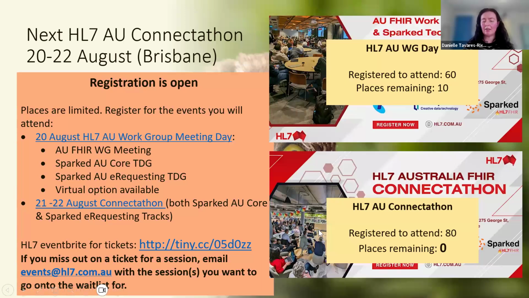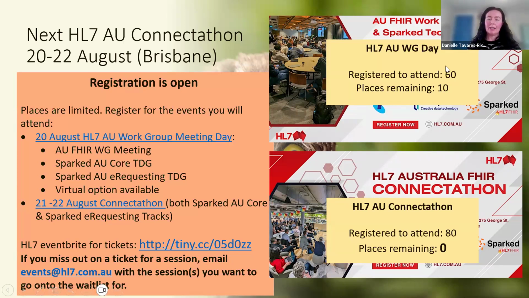If you want to attend, then email events@hl7.com.au and let them know that you would like to go on the waiting list for the August Connectathon. There are always people who, for some reason, are unable to attend on the day, and so hopefully they will let HL7 know, so that HL7AU can look at the waiting list and assign a ticket to someone from the waiting list, basically.